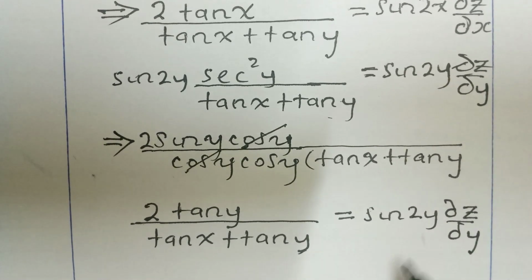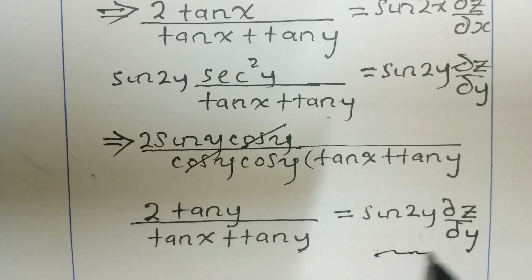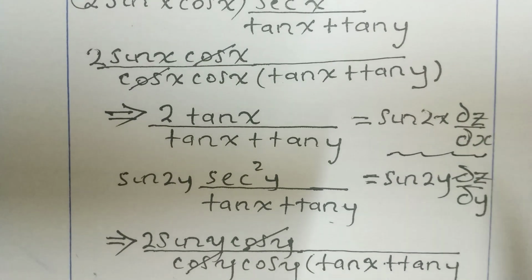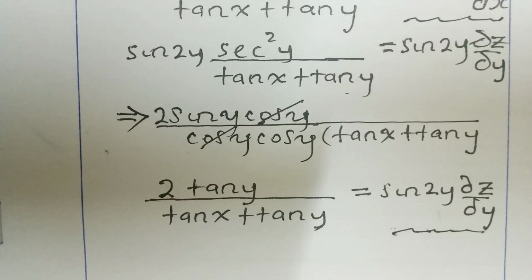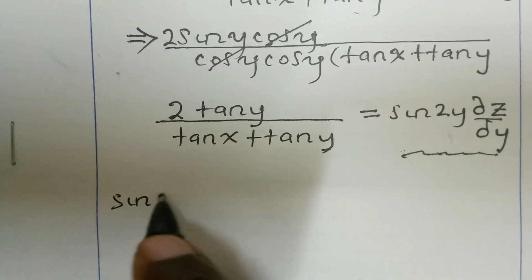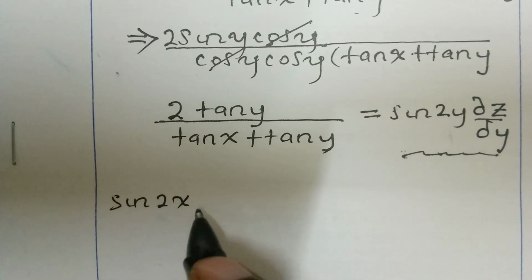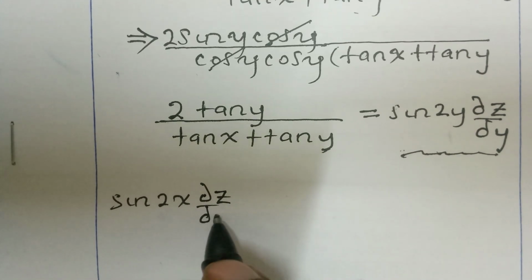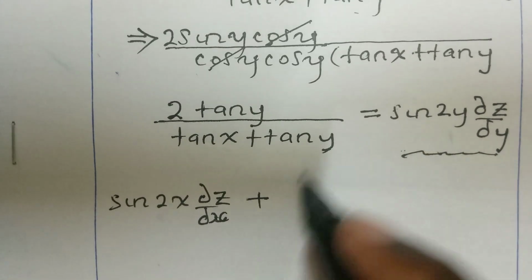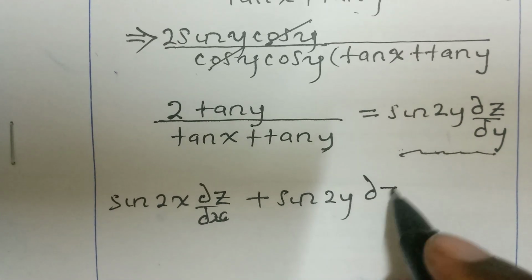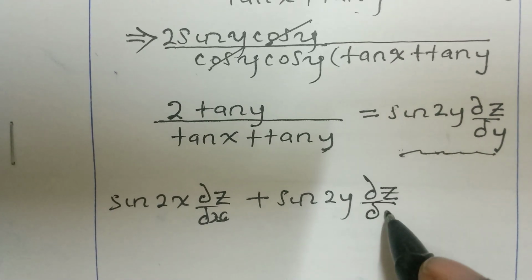So guys, we can now come and add this. We add that value to this other value, and let's see what we shall get. So we shall have sine 2x partial derivative of z with respect to x plus this other one, sine 2y partial derivative of z with respect to y.